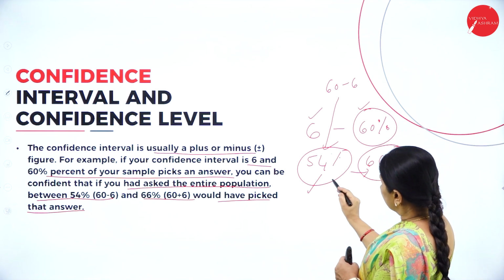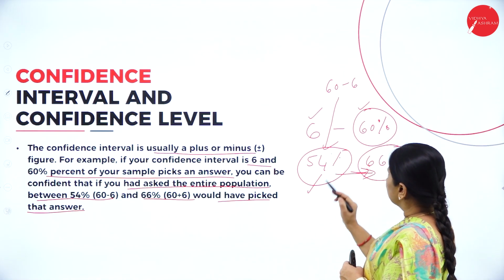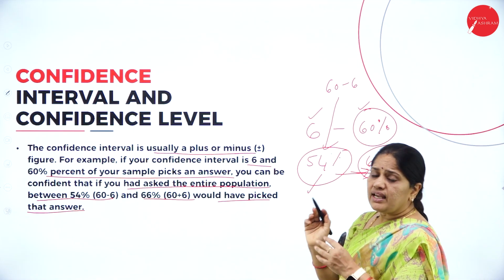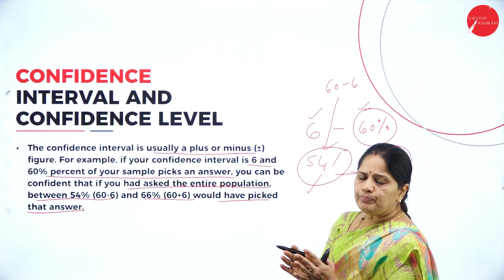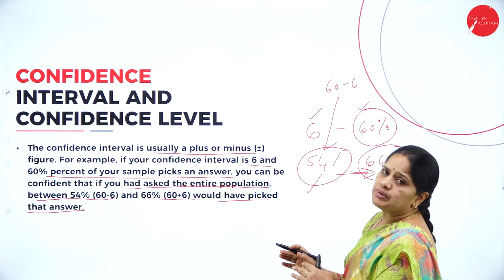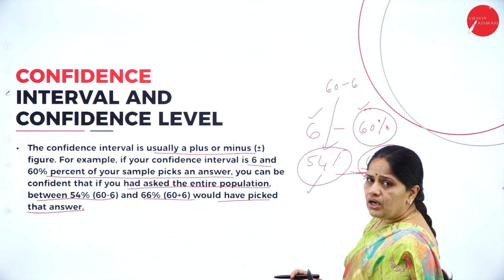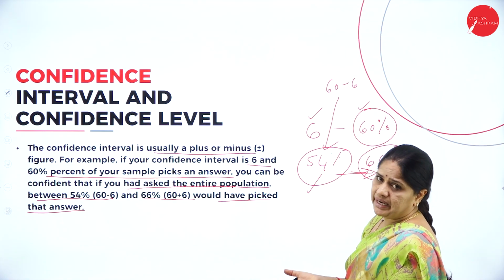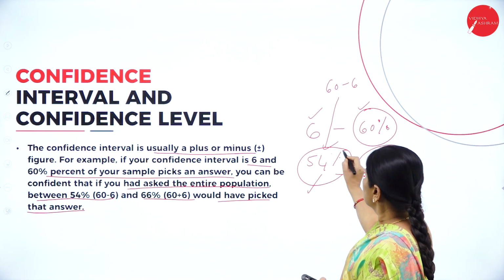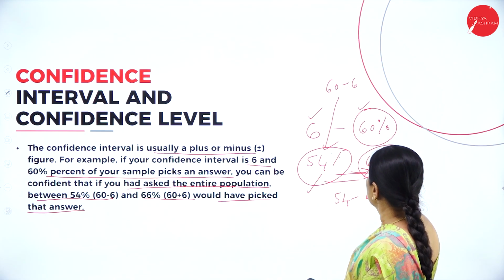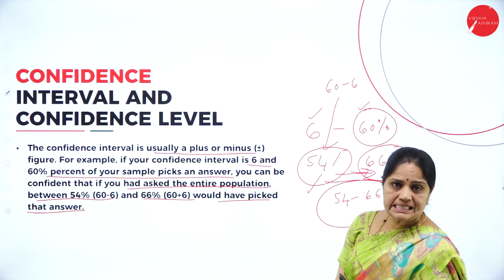So the confidence interval will lie between 54% and 66%. That is, if you had interviewed 54% of the population or 66% of the population, they also would have given the same answer you would have expected. So this interval between 54 and 66, we call the confidence interval.